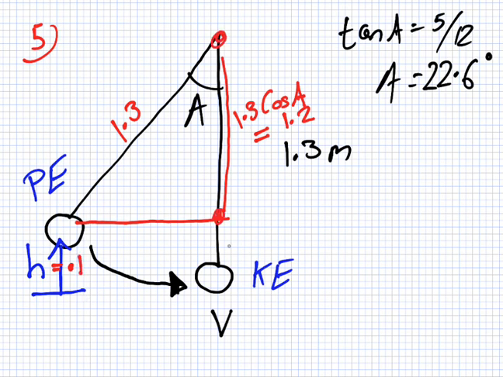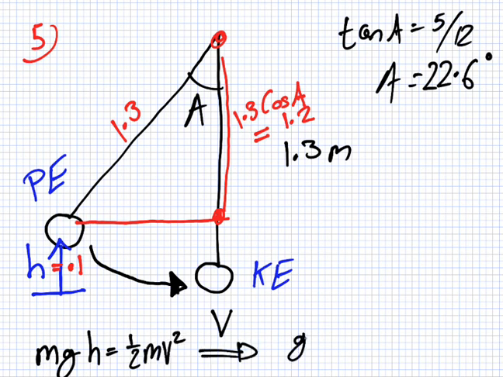So we have mgh equals a half mv squared. That means gh equals a half v squared.